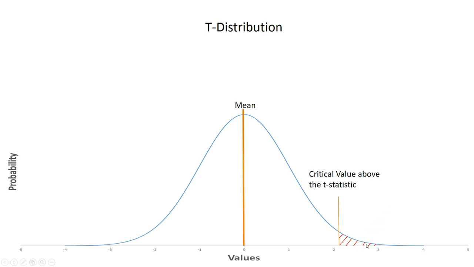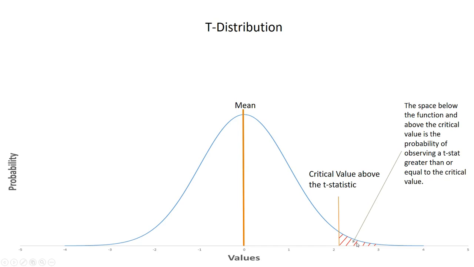That means this area gives us the probability of rejecting the null hypothesis when the null hypothesis is actually true. Then this is the probability of committing a type 1 error. We get to control how much type 1 error we have by controlling where the critical value is.